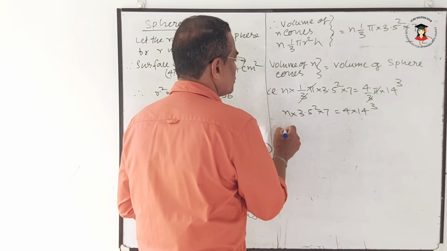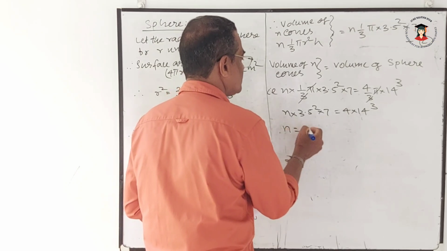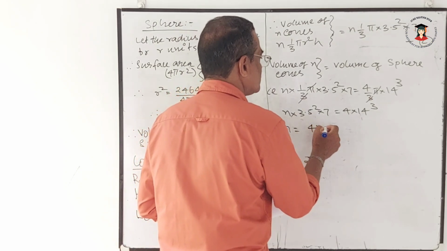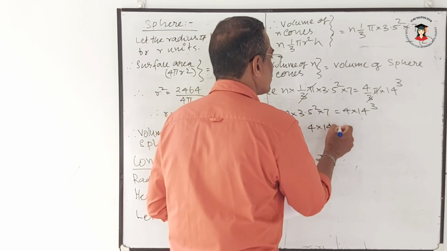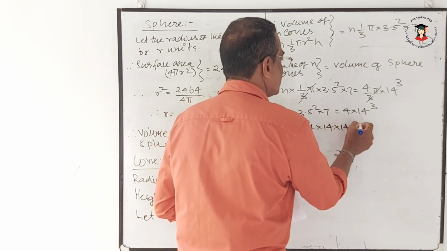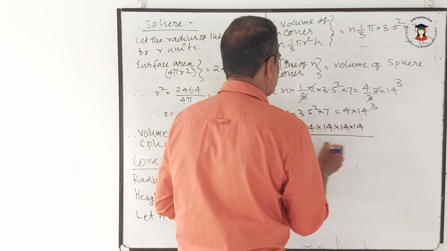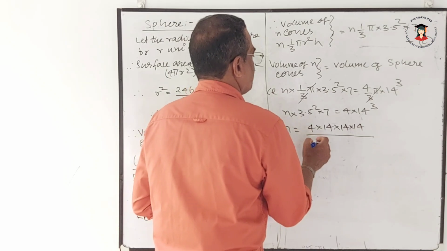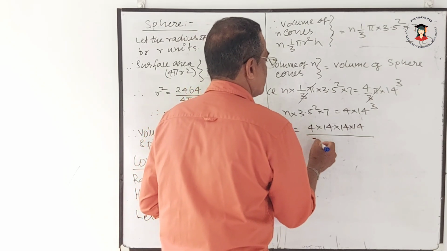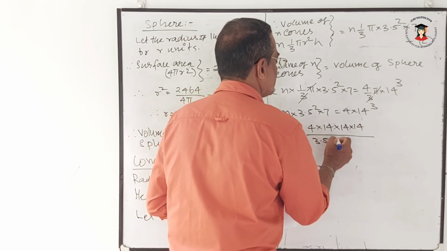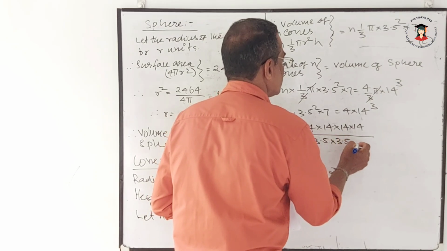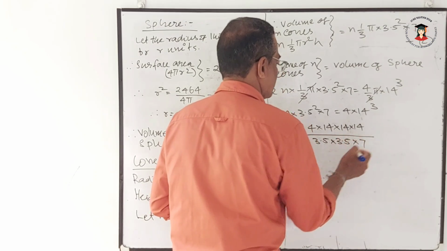Therefore, n equal to 4 into 14 into 14 into 14 divided by 3.5 into 3.5 into 7.